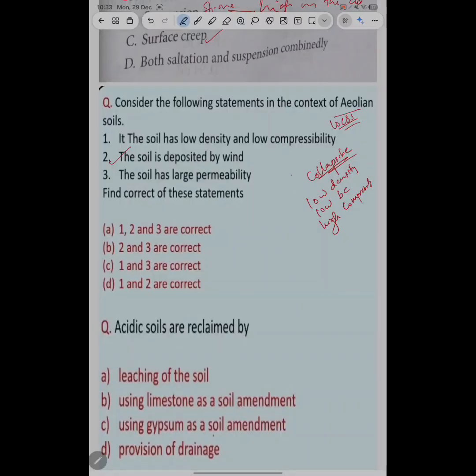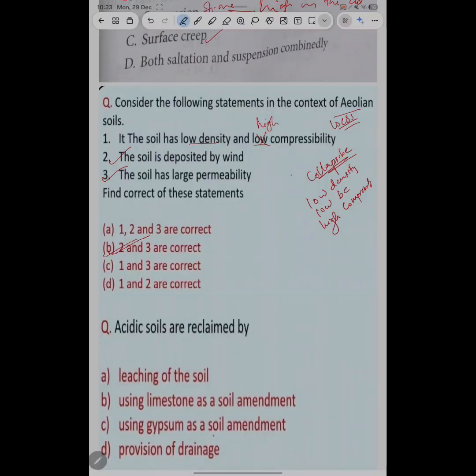These are the main properties of aeolian soils. So low density is correct. Low compressibility is not correct, it is high compressibility. Large permeability is also correct. So the answer is 2 and 3. Option B is the correct one.